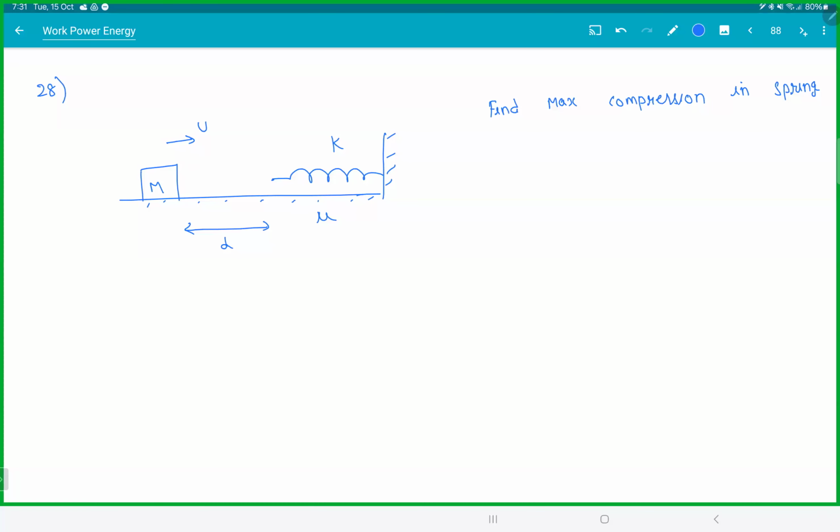Now there is friction also. This block won't hit the spring with speed. It will slow down.